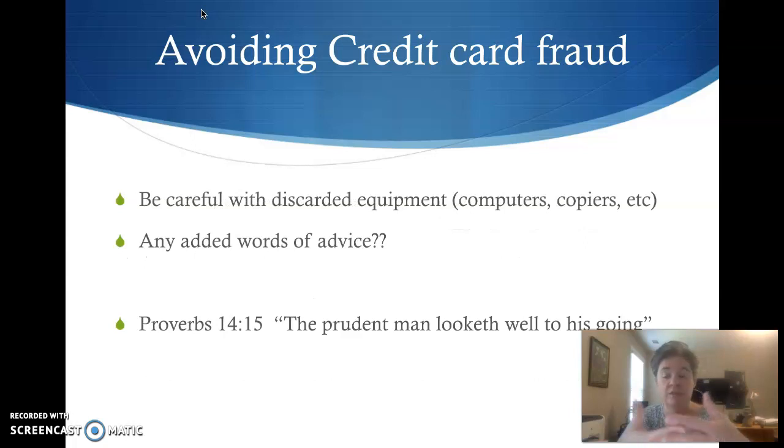Be careful with discarded equipment. I've heard once that the information that you run through a copy machine is stored on that copy machine, and you don't want to fall victim of somebody else coming upon that hard drive 10 years later and getting your private information.